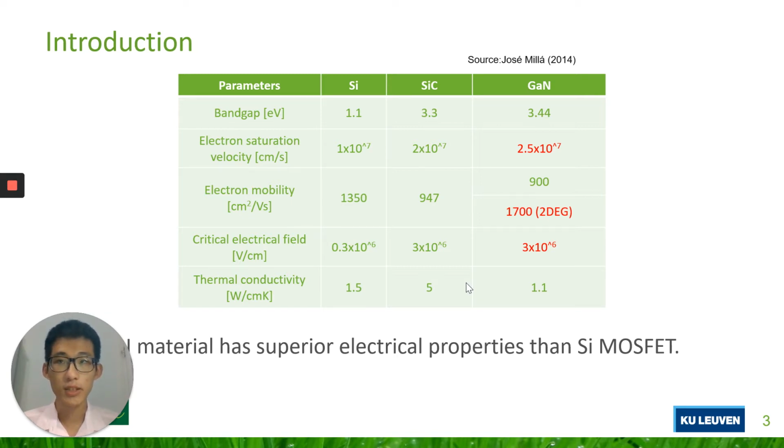And for the electron mobility in the two-dimensional electron gas channel, the electron mobility is higher than silicon MOSFET. That suggests gallium nitride materials could have a larger current for power applications. Also, the critical electrical field of wide bandgap materials is 10 times that of silicon MOSFET.